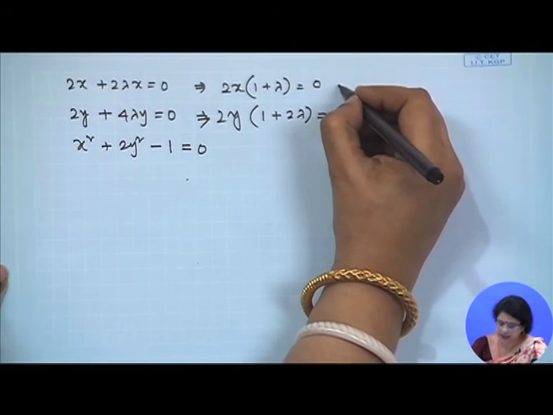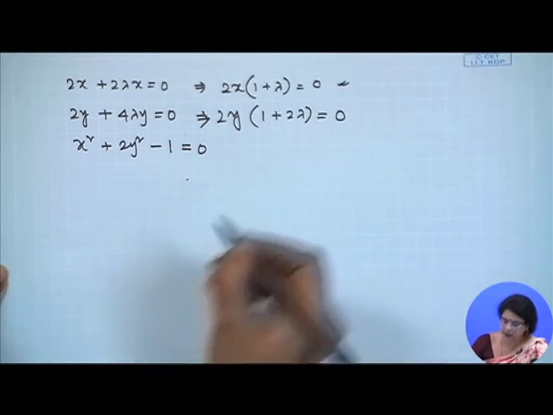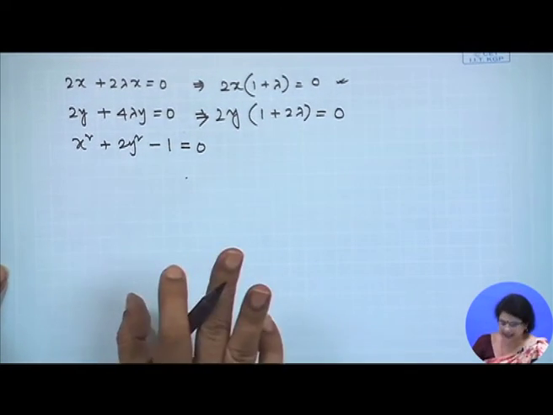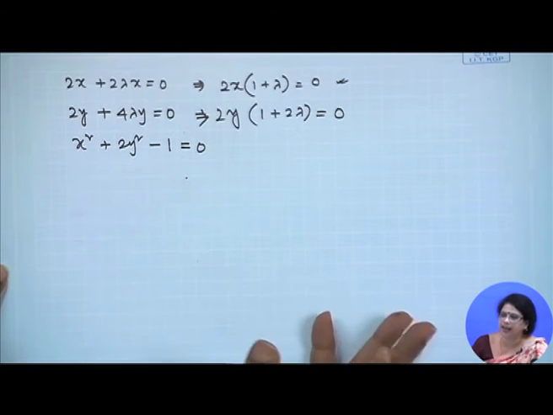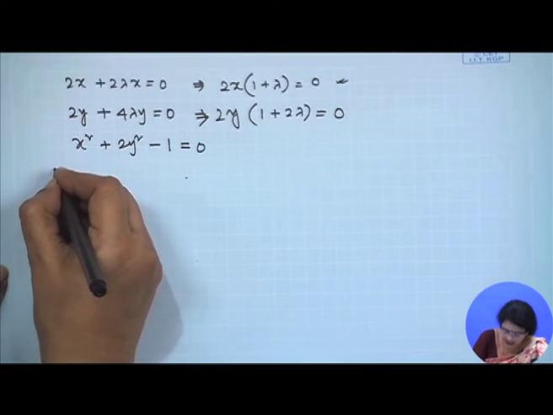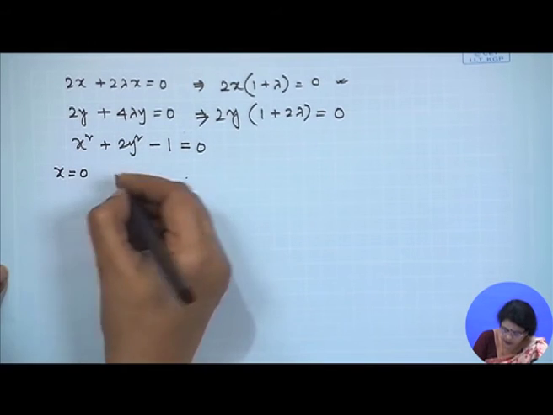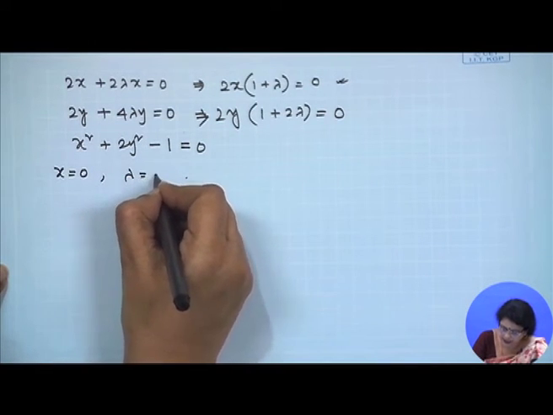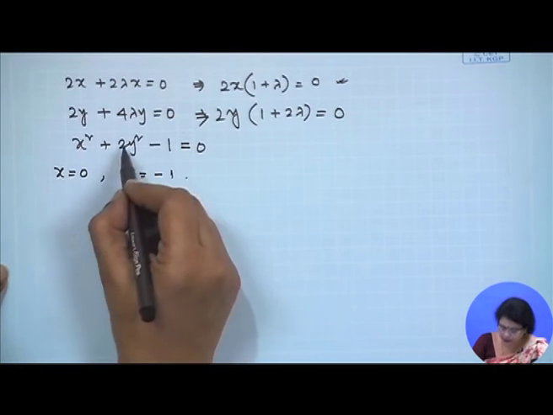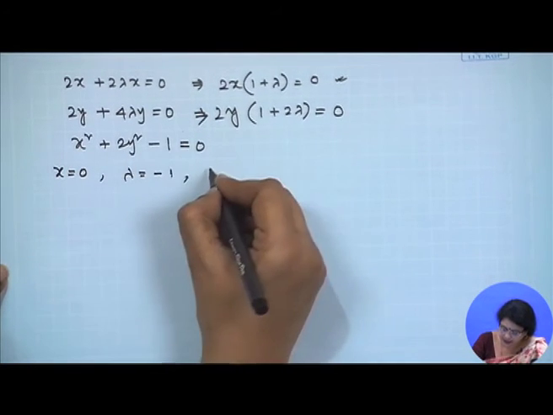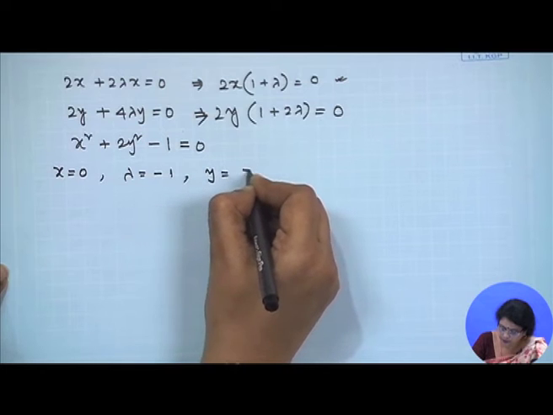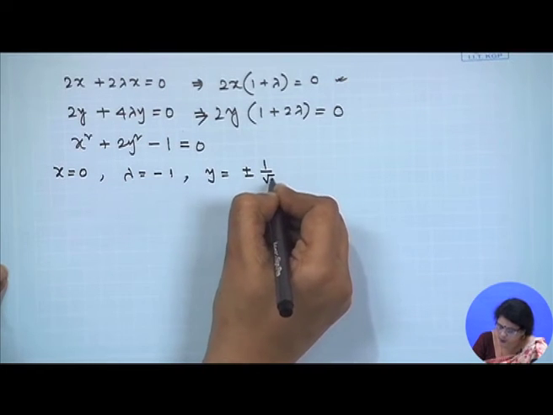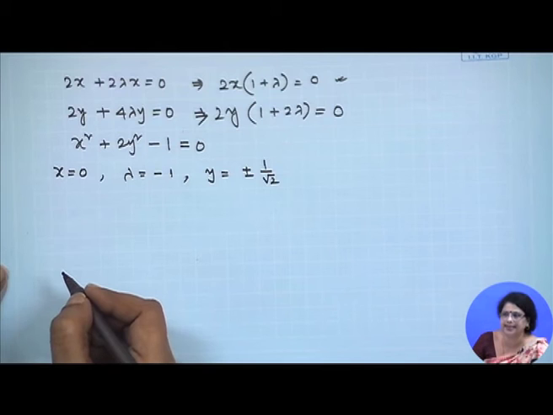Look at the first one. Either x can be 0 or x cannot be 0. If x is equal to 0, then we get lambda is equal to minus 1, and from equation 3 we get y is equal to plus minus 1 by root 2. This is one set.